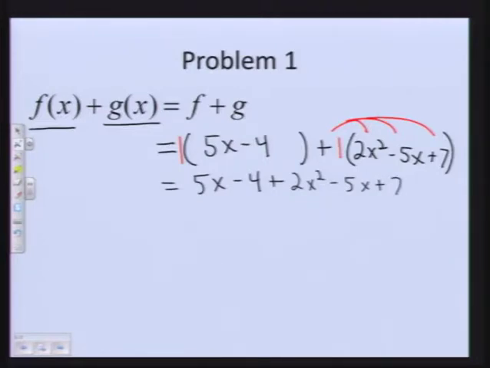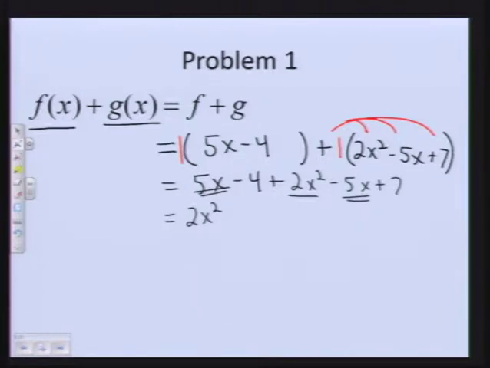At this point, making sure all of our signs are correct, we now combine like terms. Starting with the highest term, which is the 2x squared, there is no other term like 2x squared, so we simply write it first. Now we have 5x minus 5x. Well, that's going to be 0.